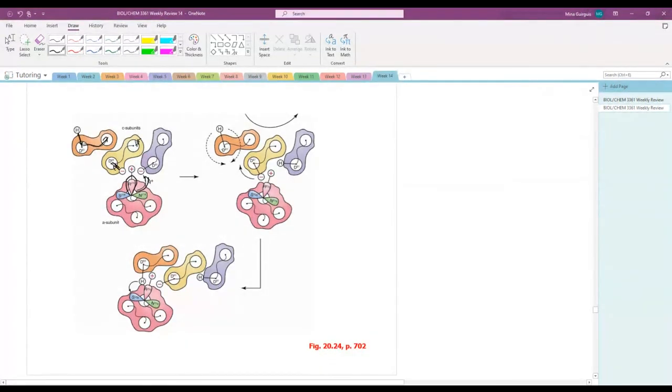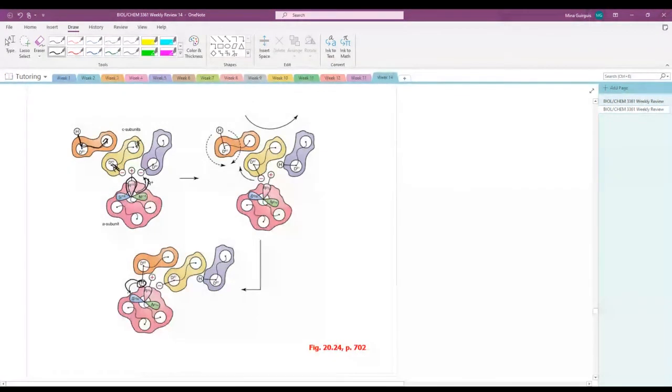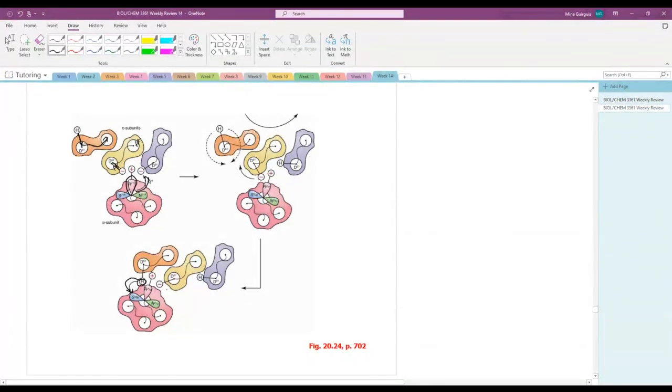Okay, that's what we see here. That causes now this rotation of that C subunit further away. I apologize, I'm on the wrong C subunit. But effectively what we see is it coordinates together to transport this proton into the A subunit. Okay?